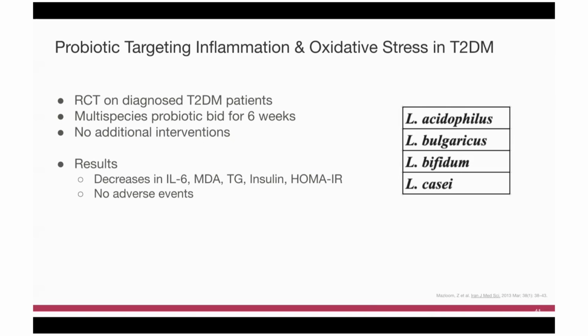And the malondialdehyde, which is the MDA, it's one of the final products of PUFA peroxidation in the cells, and an increase in free radicals causes an overproduction of MDA. The level is commonly known as a marker of oxidative stress and antioxidant status. And then we saw that there were, in addition to the decrease of MDA, there were decreases in interleukin-6, triglycerides, insulin, HOMA-IR, etc. And again, no adverse events.